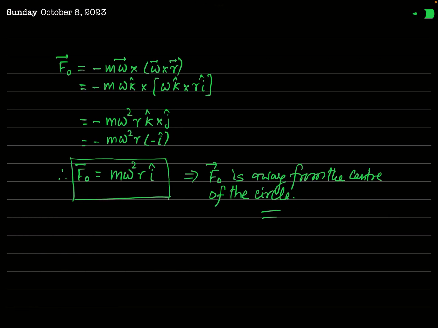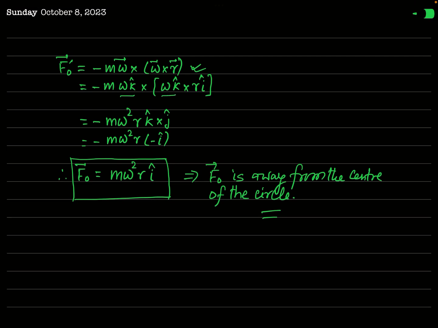Okay, so you can see F naught dashed, which represents the centrifugal force. The generalized definition, you can say, is minus m omega cross r. But in our present example, we have considered that omega is along vector k, so omega has been written as omega k hat.